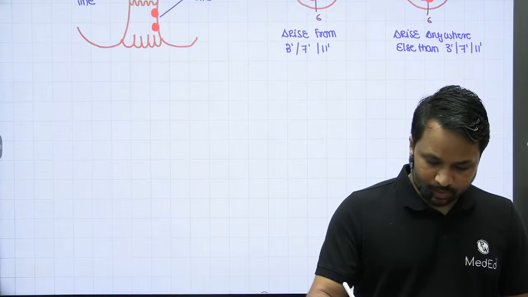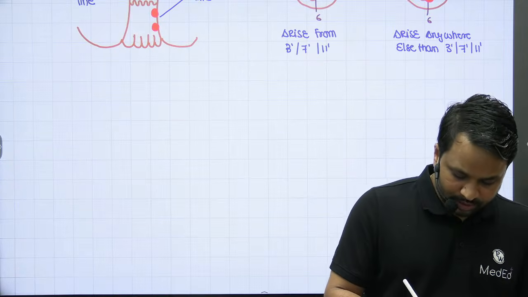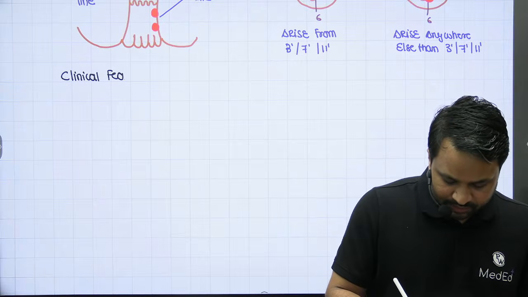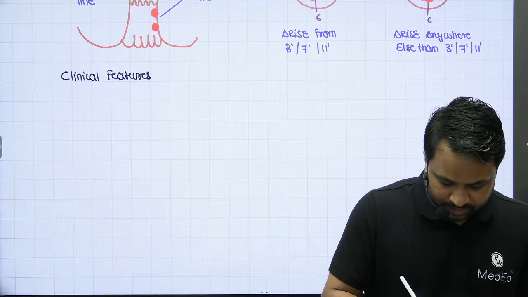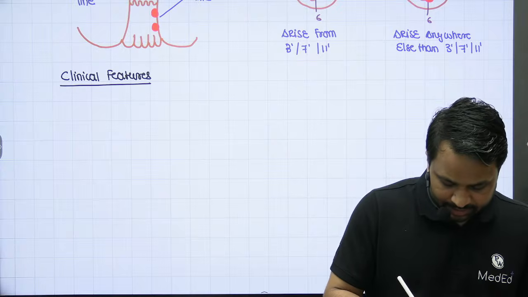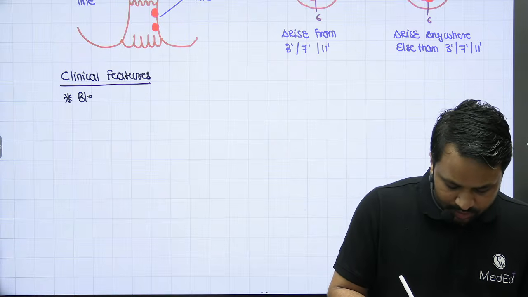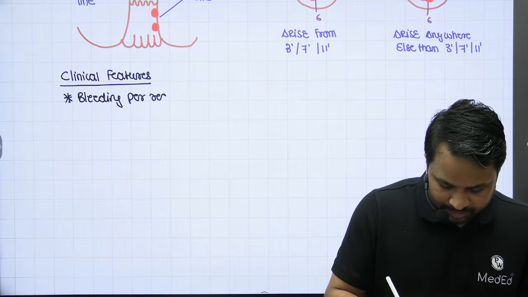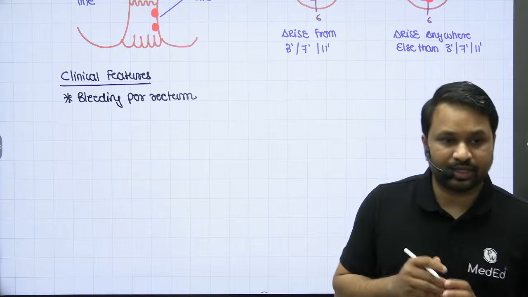Usually when we talk about the clinical presentation of the hemorrhoids, the clinical features of the hemorrhoids is going to present to us bleeding per rectum. That's a usual presentation.